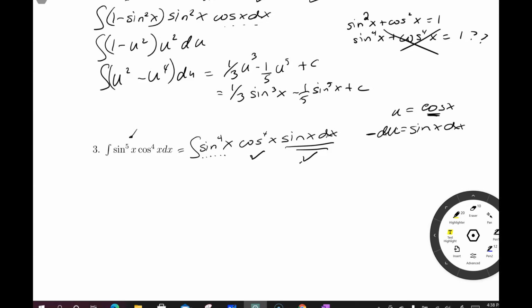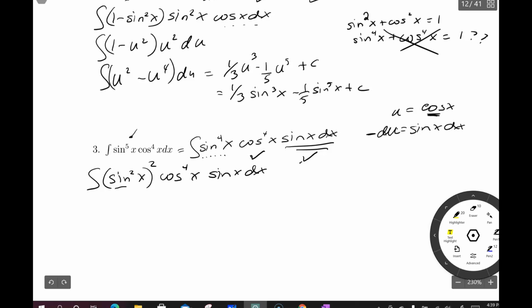So what I need to do is rewrite sine to the 4th as sine squared, squared. So then what I can do is rewrite sine squared as 1 minus cosine squared and keep that square on the outside.